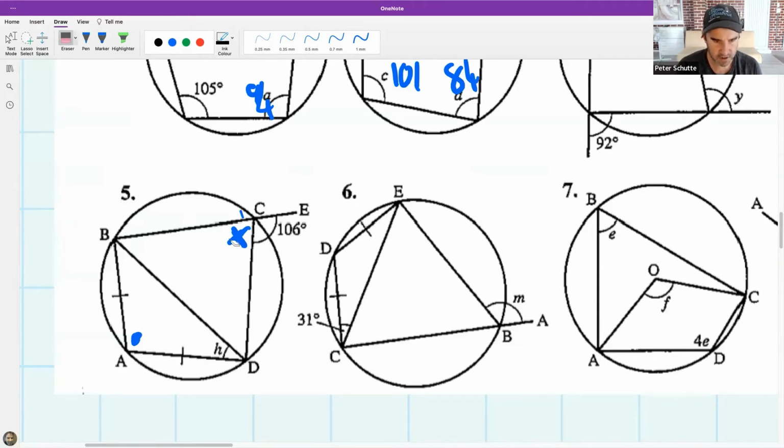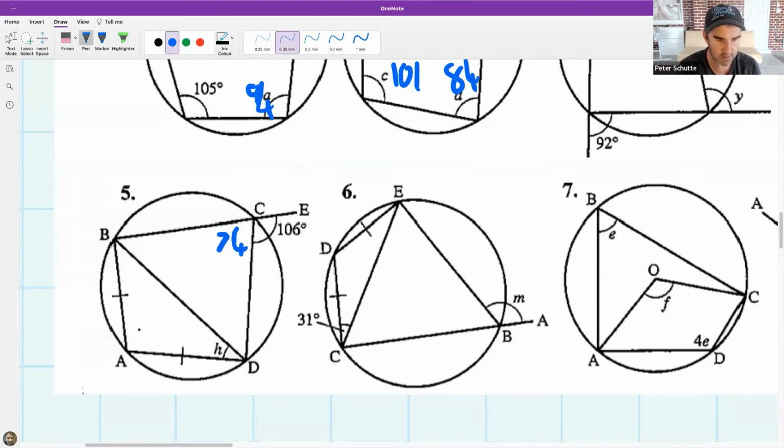For number 5, I think most students would probably benefit from just figuring out what this next door angle is. And I'm going to say this is 74 because of angles on a straight line. Then, if I know this is 74, the opposite angle in the cyclic quad is going to be this dot down here. And what is it going to have to be?